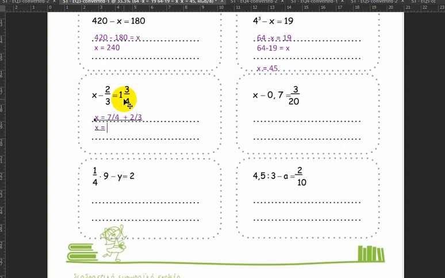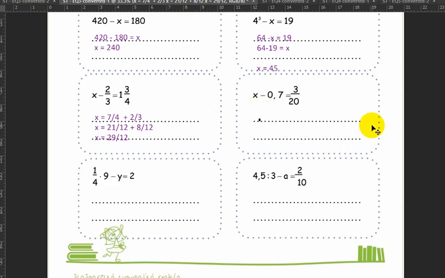So using least common multiples, this becomes 21/12 plus 8/12. So x is equal to 29/12.